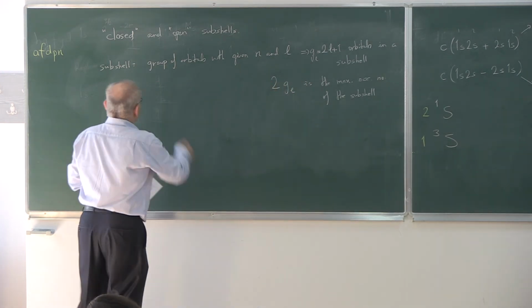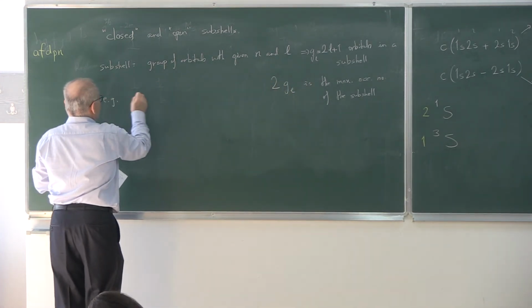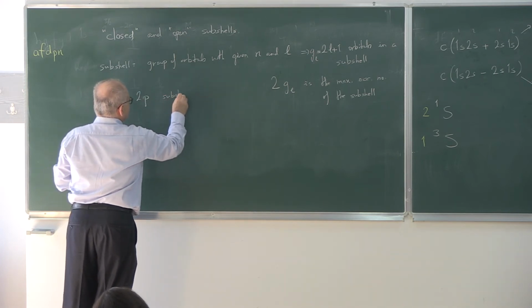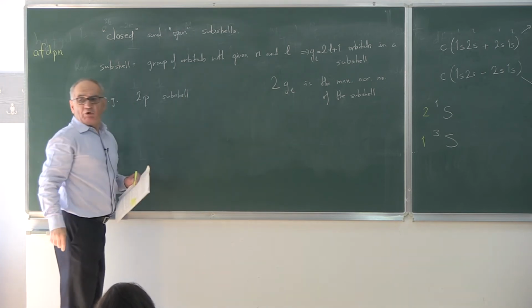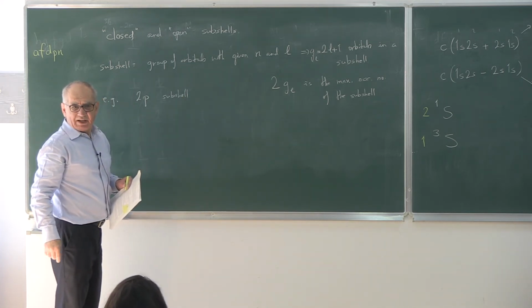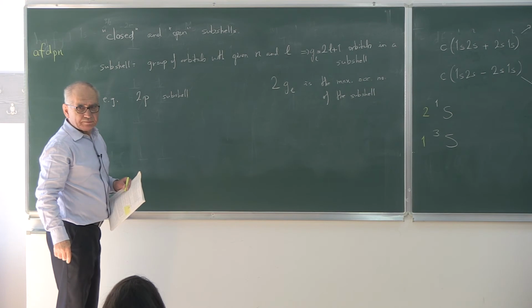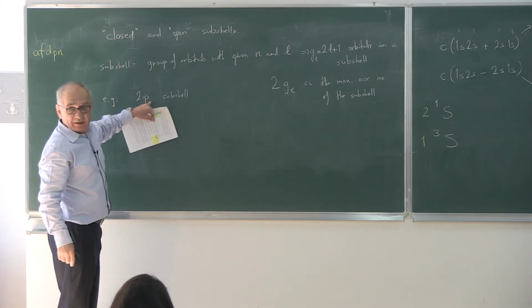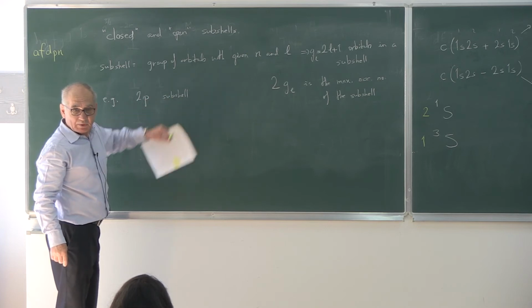For example, the 2p subshell. How many orbitals are there in a 2p subshell? 2 times L plus 1. What is L for p? 1. 2 times 1 plus 1.